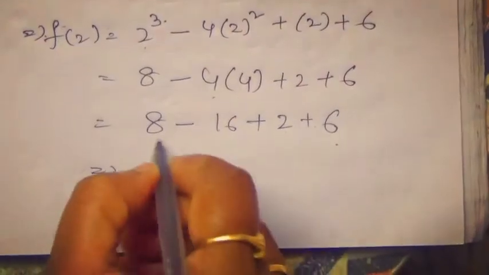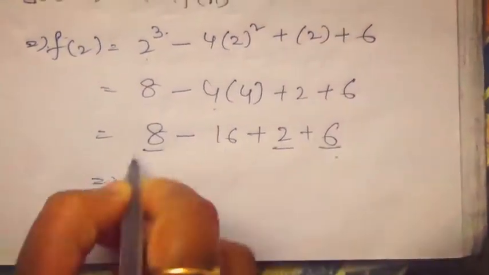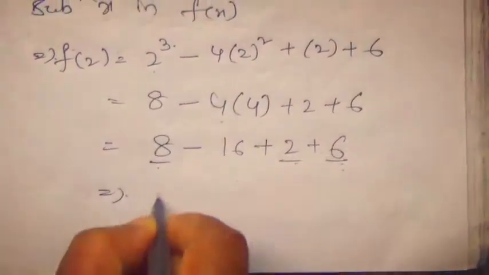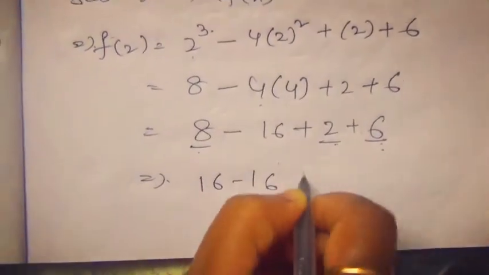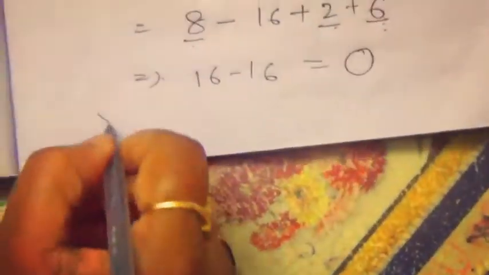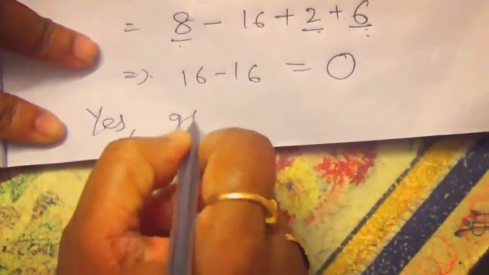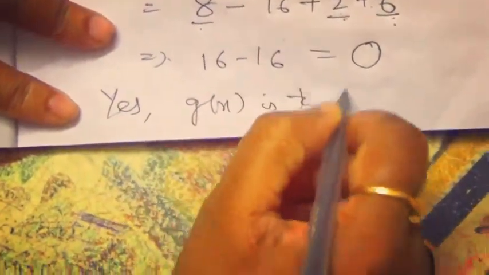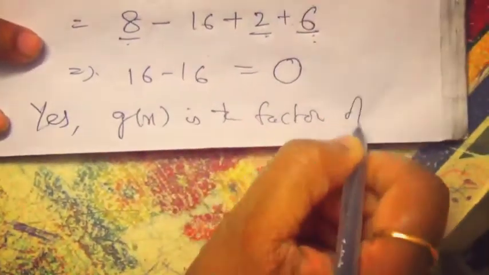Here these are positive, so 8 plus 2 is 10, 10 plus 6 is 16, 16 minus 16 is equal to 0. Yes, g of x is a factor of f of x. For all the sums, 1, 2, 3, you got these are the factors of this f of x.